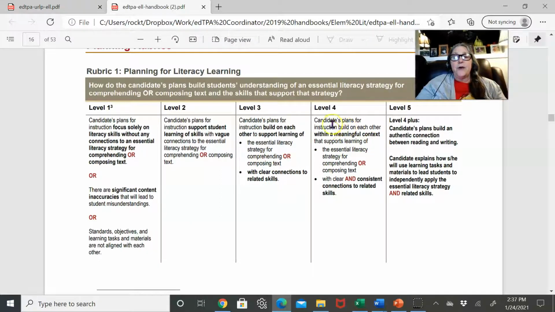Each level adds a little something. Here they're talking about consistent connections, meaningful context, and then when you get to level 5, this is where it's really getting into authentic connections. So you want to really look at your work.